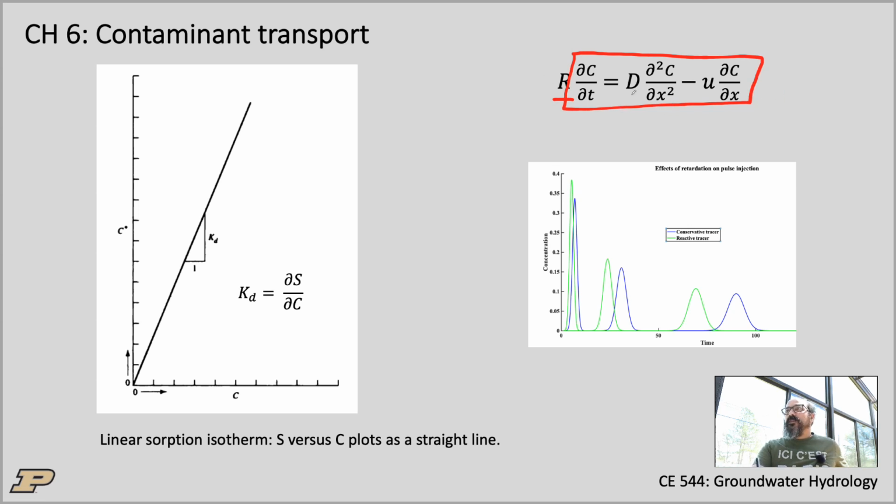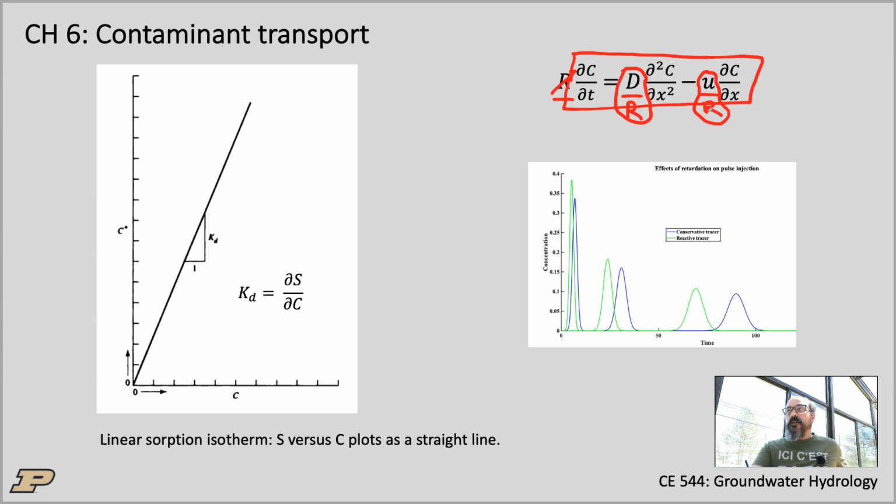If you shift it back to the right-hand side, now you can see that the reactive dispersion coefficient is D over R, and the reactive advection or velocity is u over R, right? So if I shift this to the other side, then we have dC/dt equals D over R minus u over R. So all retardation does really is modify our velocity and dispersion, right?